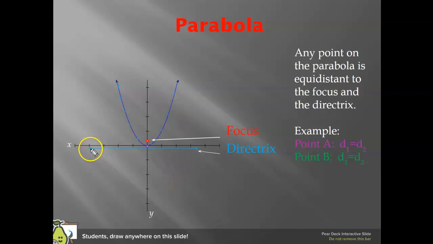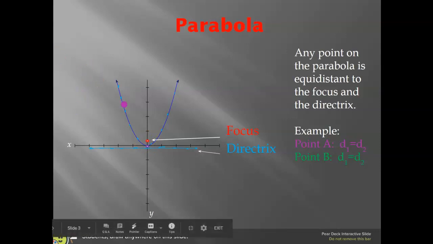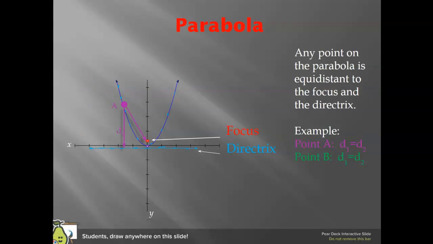The line that it is measured from and its focus that we're measuring, we're equidistant from it. Any given point is going to be the same distance from the line as it is from the focus.